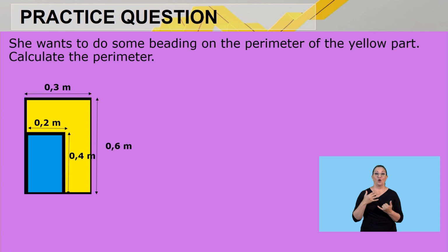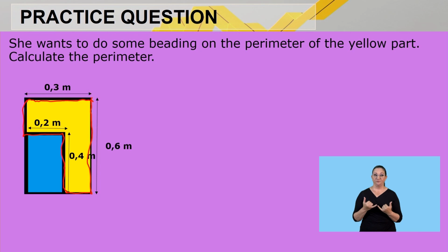Now, she wants to do some beading on the perimeter of the yellow part. Calculate the perimeter. So, what's going to happen is she is going to be beading there, and then around here, and there, going up, and there, and there.